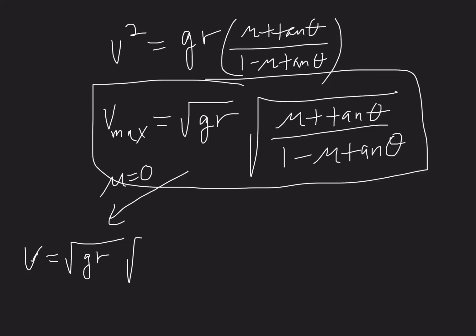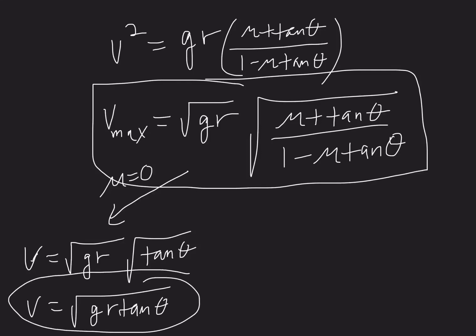We have the square root of mu is 0, so 0 plus tangent theta. So on the top we'd have tangent theta. And on the bottom we'd have 1 minus 0 tangent theta, so we'd have a 1 on the bottom. So the velocity around a frictionless track would be the square root of gr tangent theta. See, we did that one already. So this equation here was actually a simplified version of this big equation up here.